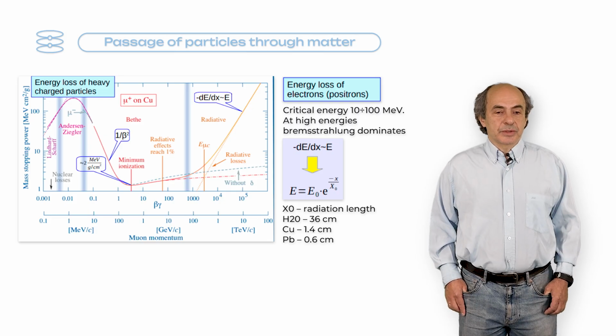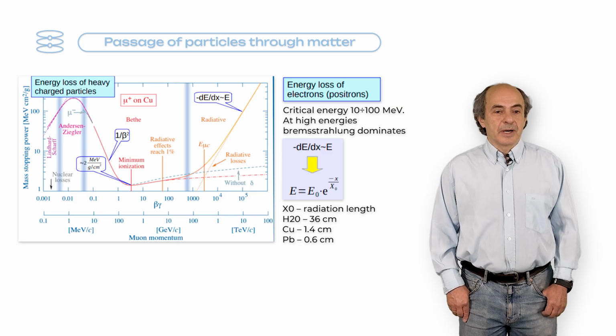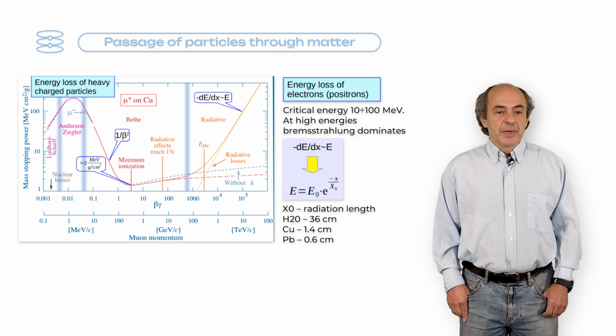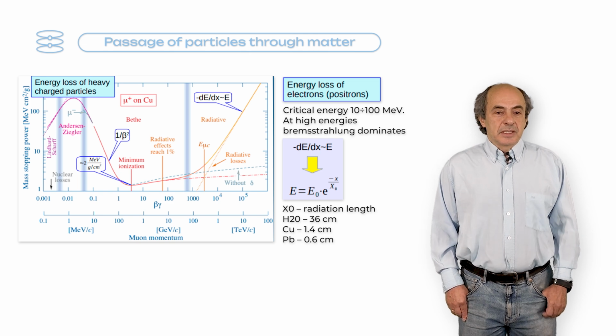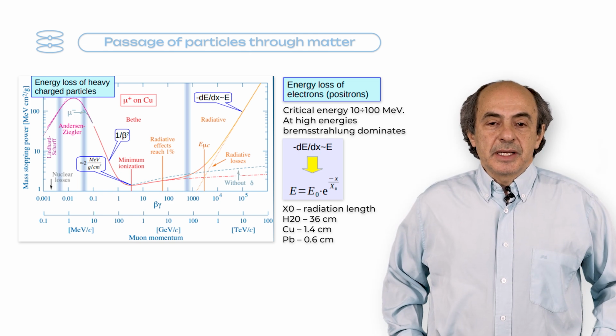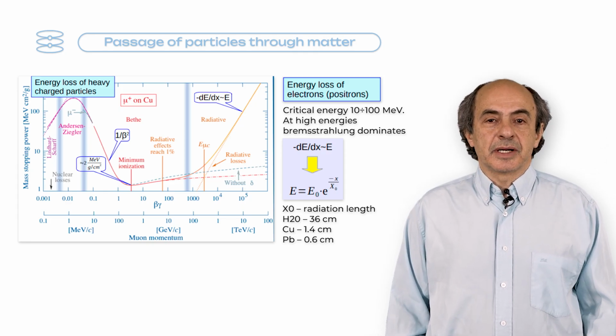When beta grows, it diminishes, and the number you could remember is 2 MeV over gram per square centimeter, which is the minimum ionizing loss. Then there is a nearly flat region relative to energy, and then radiative losses become important.